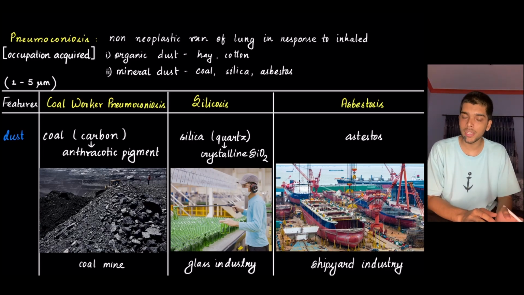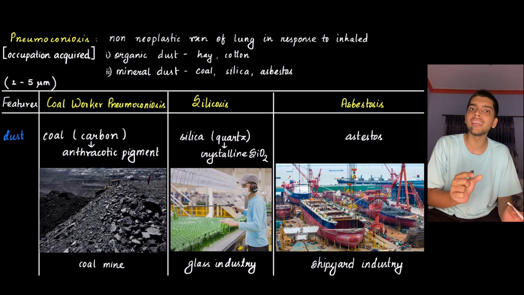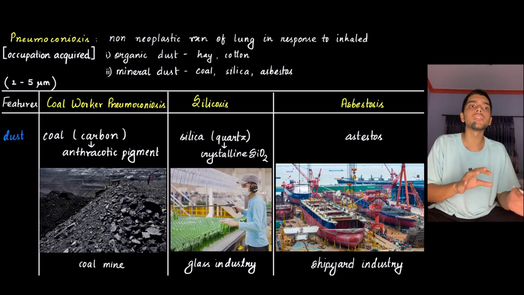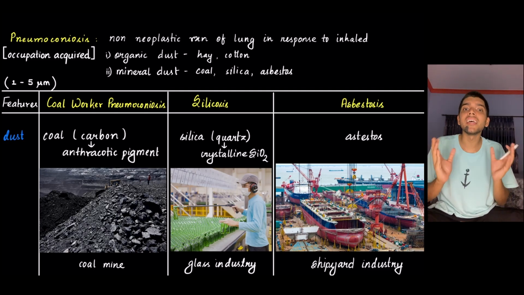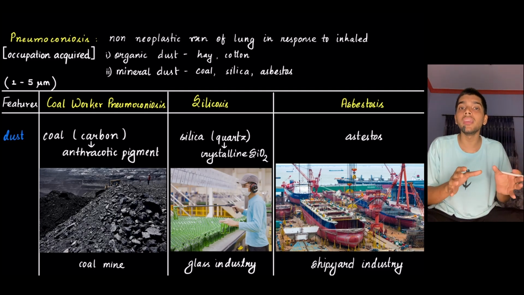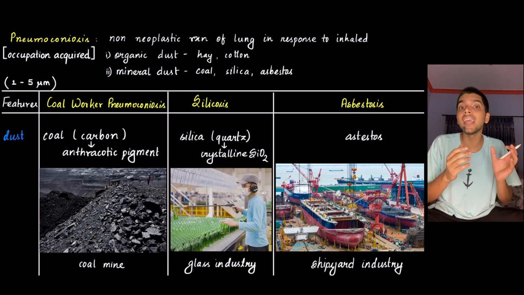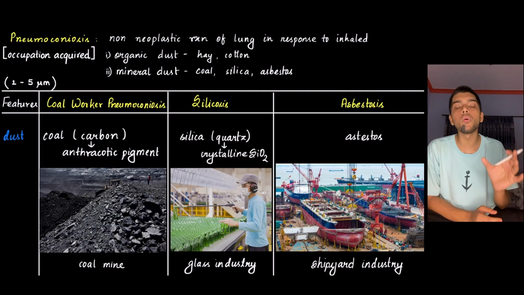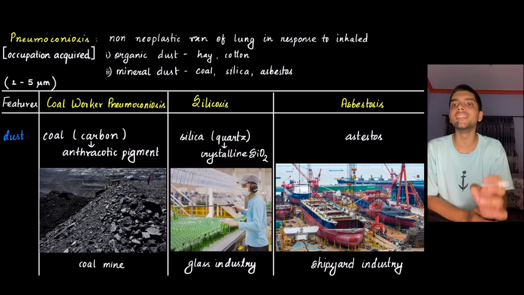In pneumoconiosis, there is non-neoplastic reaction of the lung in response to what? In response to inhaled dust. Where does this dust come from? This dust comes from a person working in a certain setup, like a miner working in a coal mine. He is continuously exposed to coal. In community medicine, you are going to learn pneumoconiosis as an occupation acquired disease.